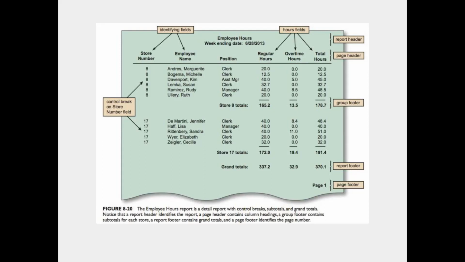And then you will also see headers. In the header, it says employee hours and then the range. And in the footer, you have the page footer, you have the page number. Then under the page header, we have store number, employee name, position, regular hours, overtime hours, and total hours. That is for the page.